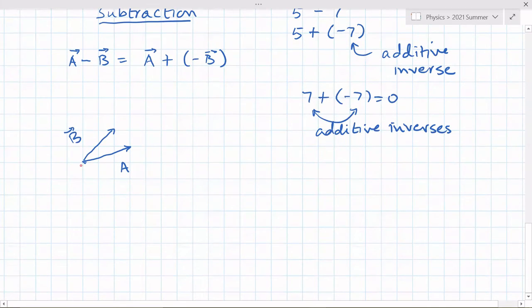So I can draw negative B here, right? And I can add A and negative B. This is negative B. So A plus negative B should be that. Okay. And if I call this vector D, then that is D.